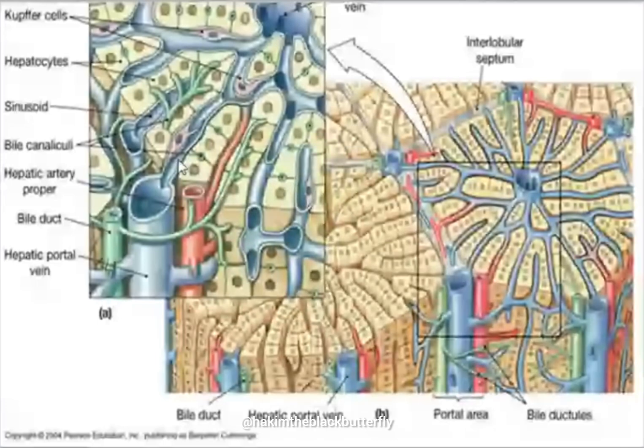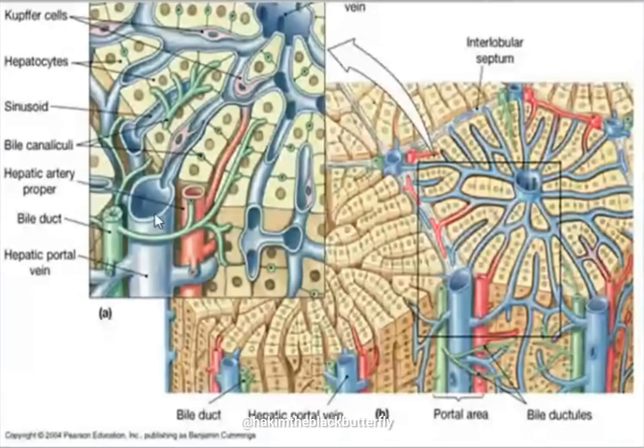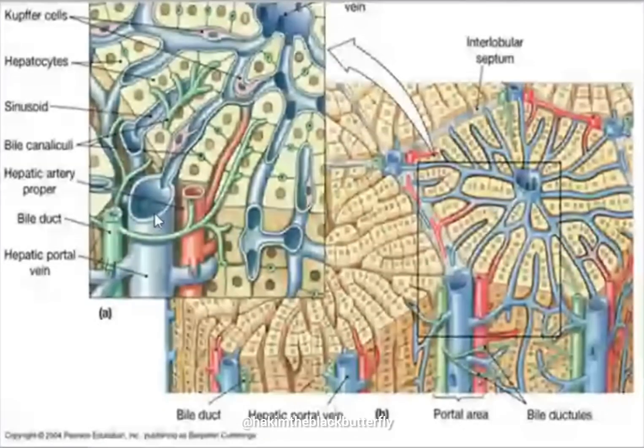And you know the blood from the portal vein is coming from the GIT, the spleen, the pancreas, you remember very well. Now this is another point. Between the liver cells, the hepatocytes, and the sinusoids, there is a small space there. This small space is between the sinusoids and the hepatocytes.